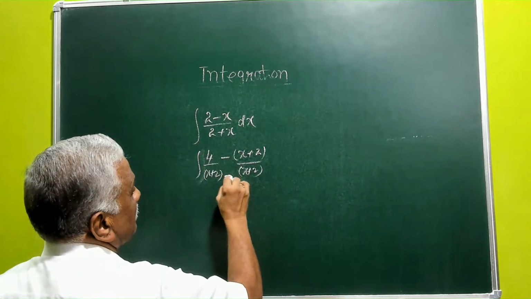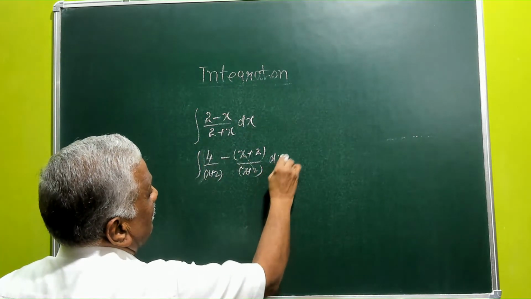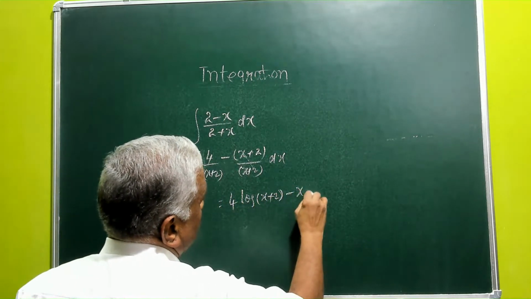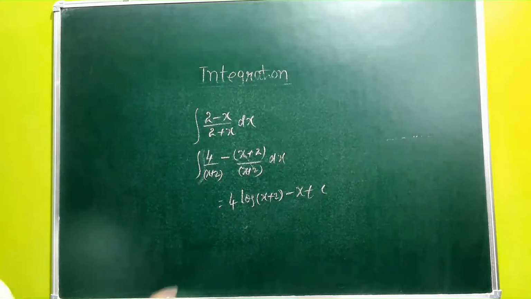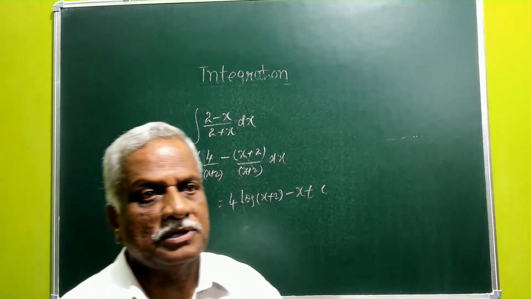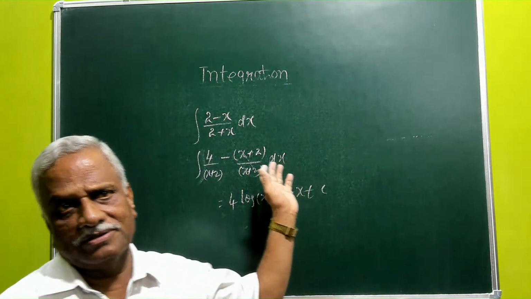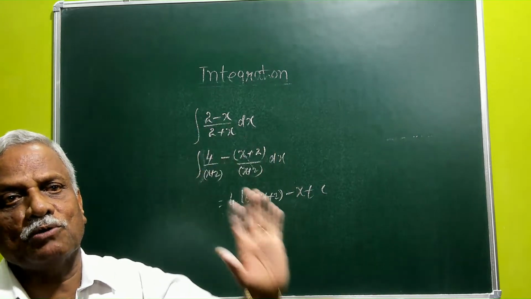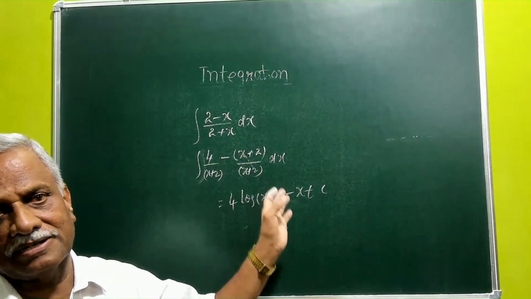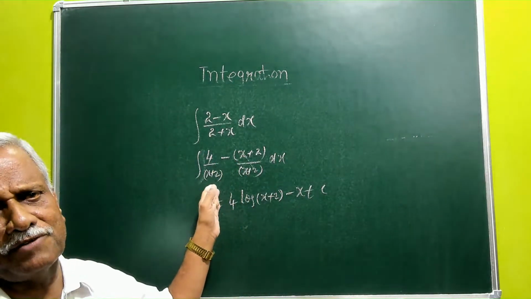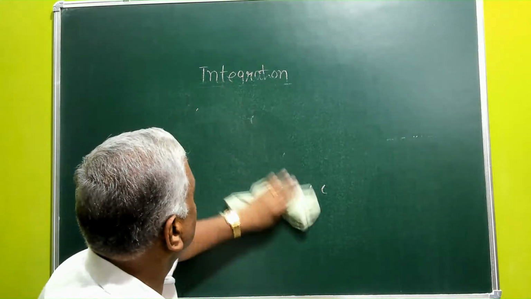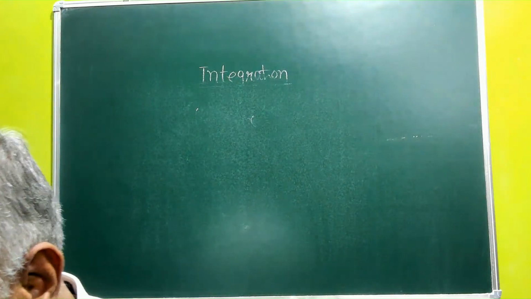So I am separating this, and this will cancel. So what is the answer? 4 log of x plus 2 minus x plus 2. See, the problem is very simple. Only thing is you need to learn this method. How to learn it? That's what I told you, work as many problems as possible. This technique, adding something, subtracting something, and this is a very familiar formula: dx over ax plus b is 1 by a log of ax plus b. That formula I can use. The next problem.